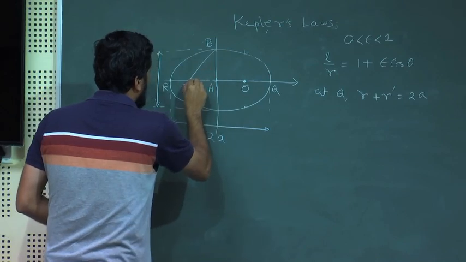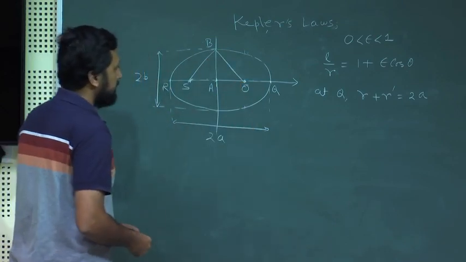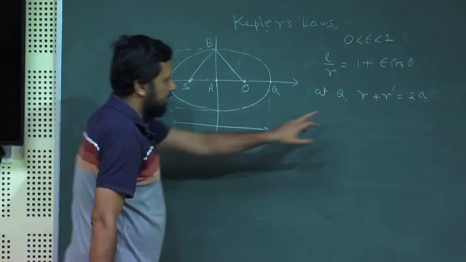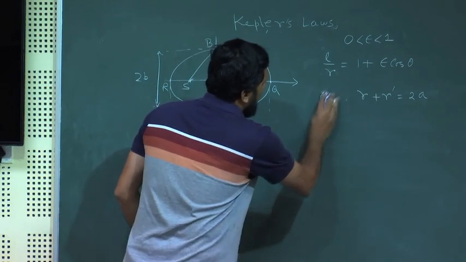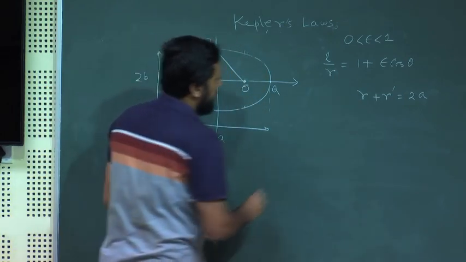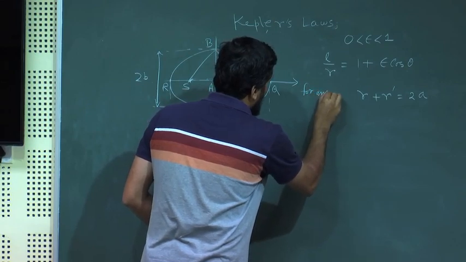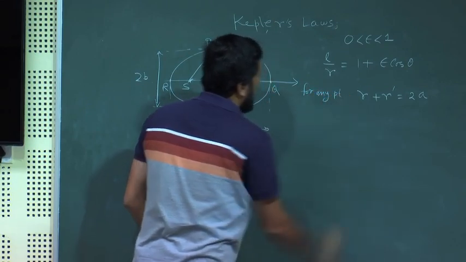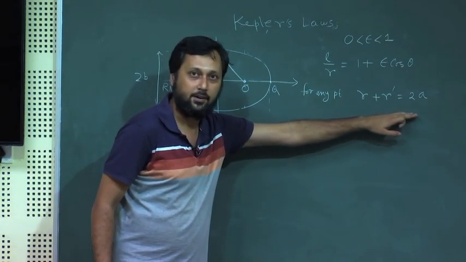Now, let us consider this point. As I said, this relation is valid not only for this point Q, but it is a general relation for any point on this elliptical path.